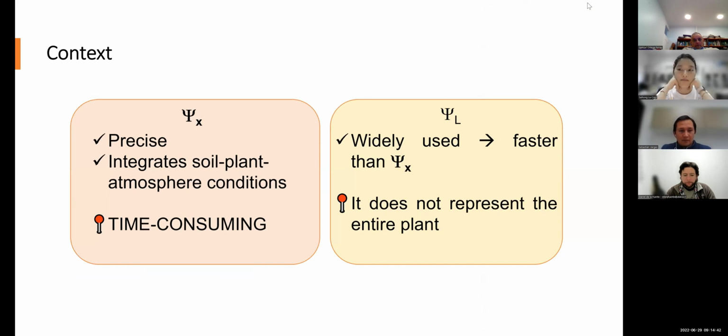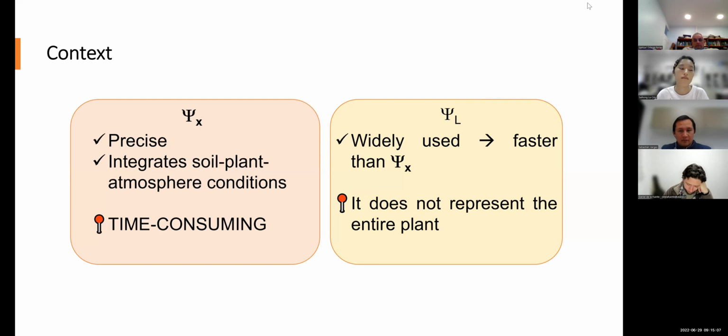In this case, midday stem water potential is far more precise, and it has the ability to integrate soil, plant, and atmosphere conditions, but has the main disadvantage of being really time consuming. And leaf water potential is more used than midday stem water potential, given that it requires less time for the measurements.